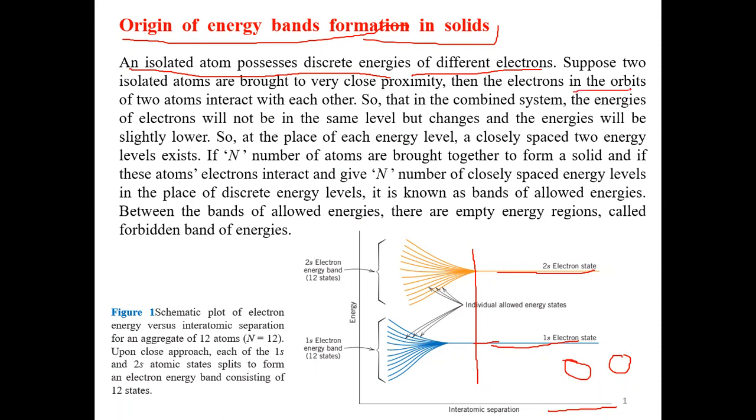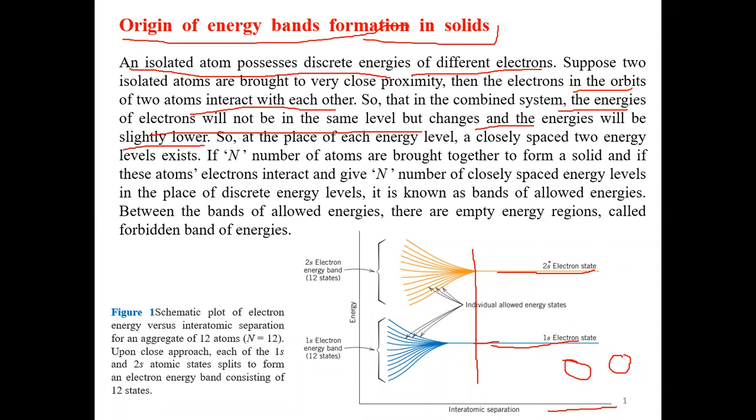Then the orbits of the two atoms interact, so that in the combined system, the energy of the electron will not be the same as the energy level of the individual atom, and the energies will be slightly lower, because when the bond is formed, there is a reduction of energy. So in place of each energy level, closely spaced energy levels exist.